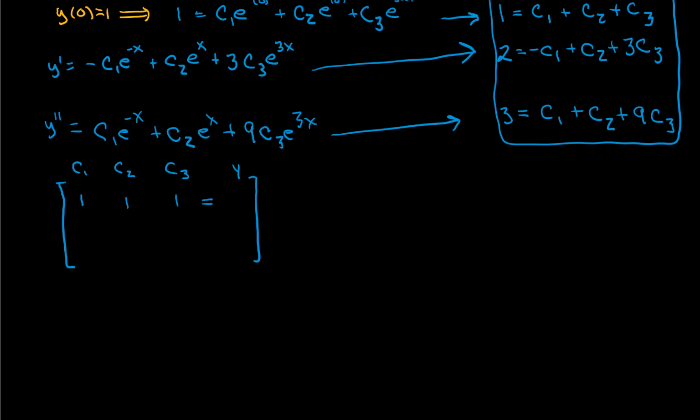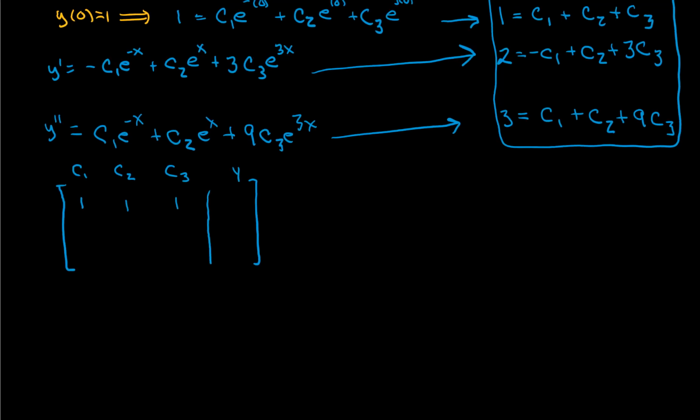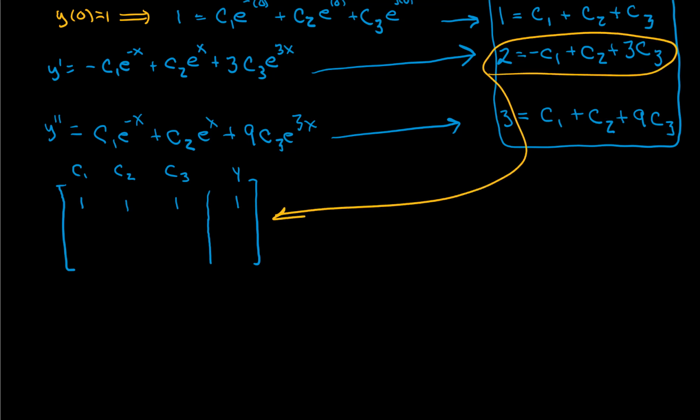Now I could put equals, but it starts to get kind of messy. So the standard approach is to use a straight line, and up there on the y value side it equals 1. I'm now going to take the second equation and put this in the second row. My C1 has a coefficient of negative 1. My C2 has a coefficient of 1, and my C3 has a coefficient of 3, and the y side is 2.